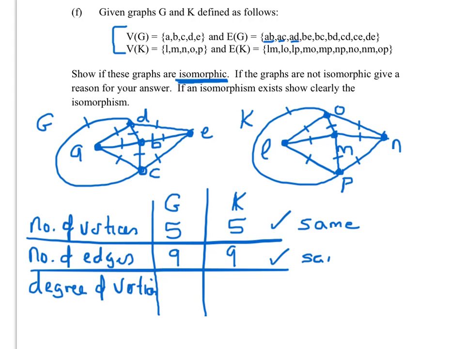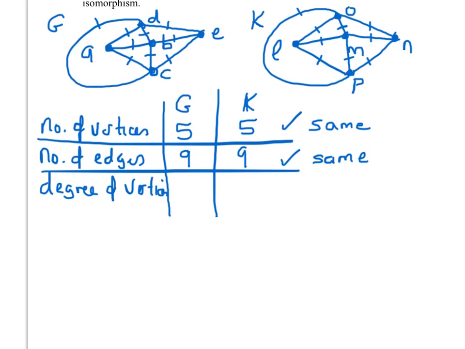Again, they're the same. If you found that they were not the same, again, you would conclude that the graphs are not isomorphic. Now, if I look at the degree of each vertex for G and for K, I'll need a little bit more room, so let me just push this up here a little bit and write these down. So, the degree of A is equal to 3, because there are 3 lines coming out from it.